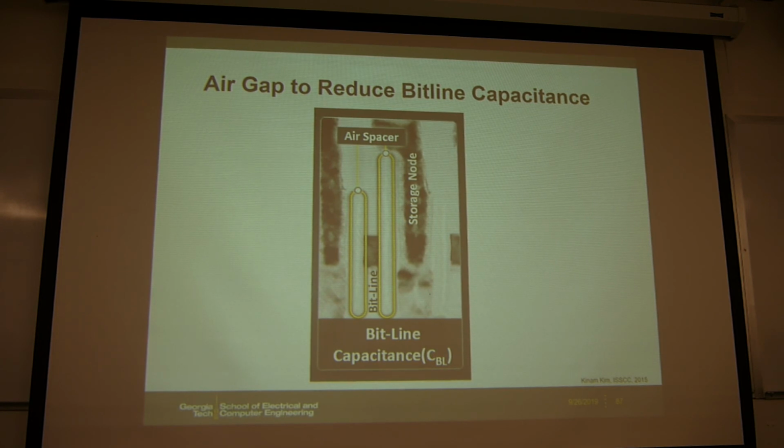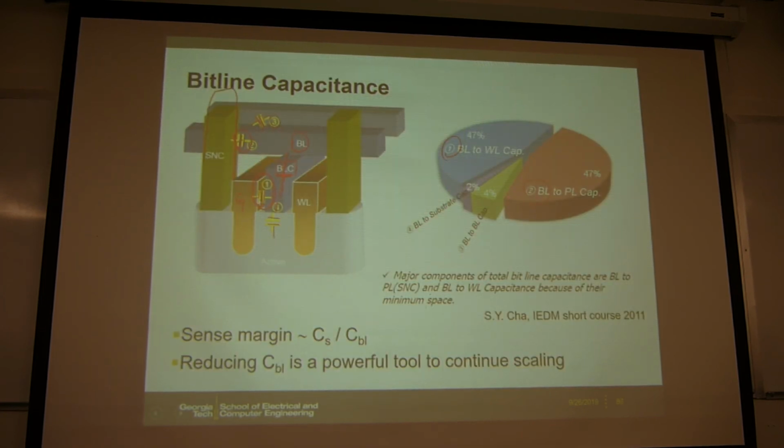So this is a storage node, and this is a transistor, I think. Oh, sorry. This is a transistor. Where is the transistor? Let me see. I think somehow this is a transistor. And then this is the Bitline contact to the storage node, which is this number 1 here.